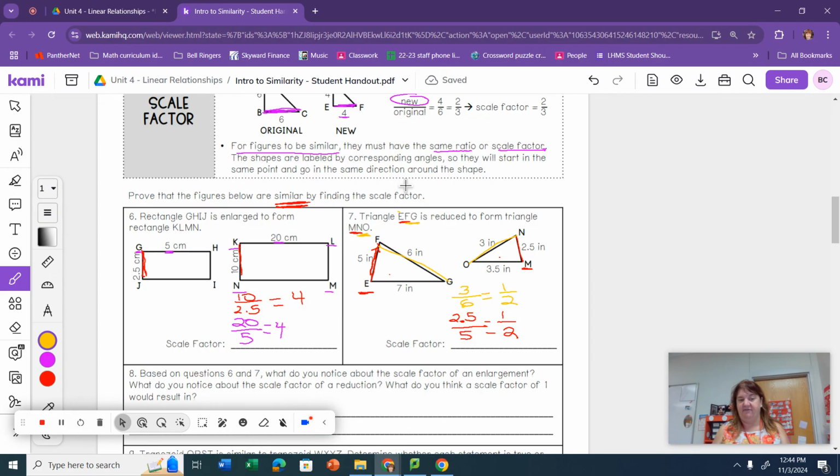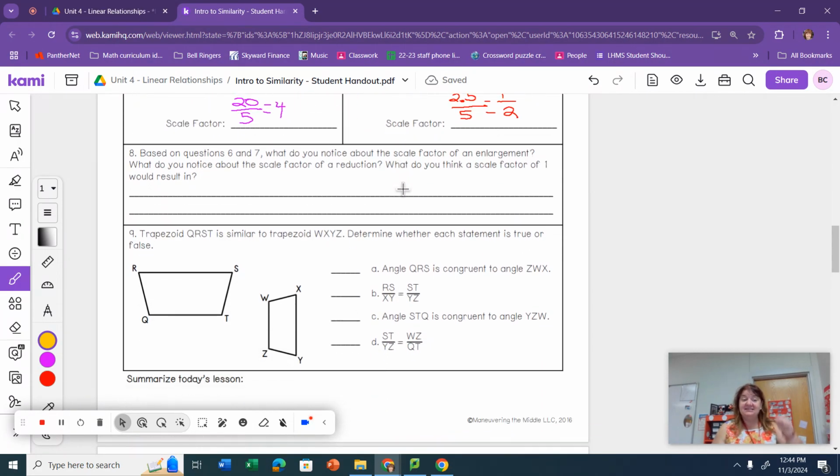Okay, based on questions 6 and 7, what do you notice about the scale factor of enlargement? What do you notice about the scale factor of reduction? What do you think the scale factor of 1 would result in? Okay, so a scale factor of 1, that's a great question. Let's talk about the other stuff. Okay, so a scale factor greater than 1, let's put this down.